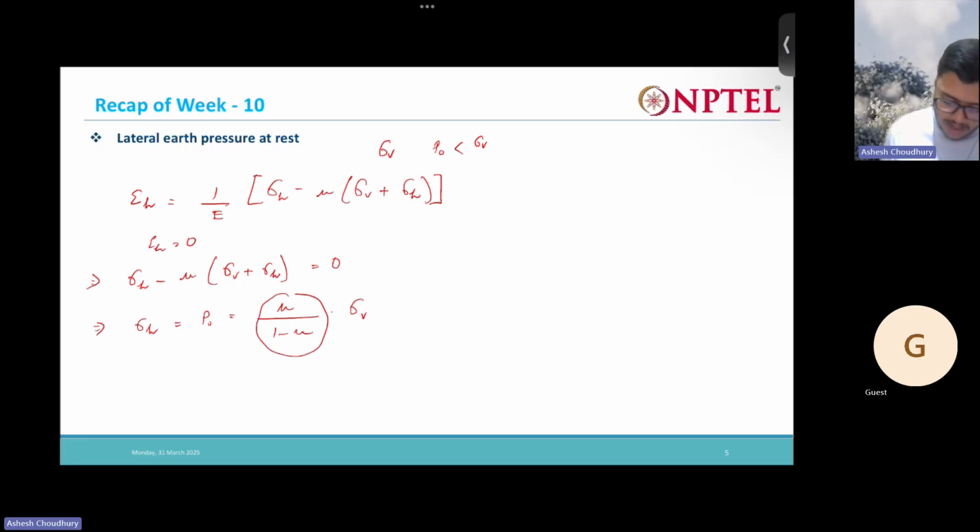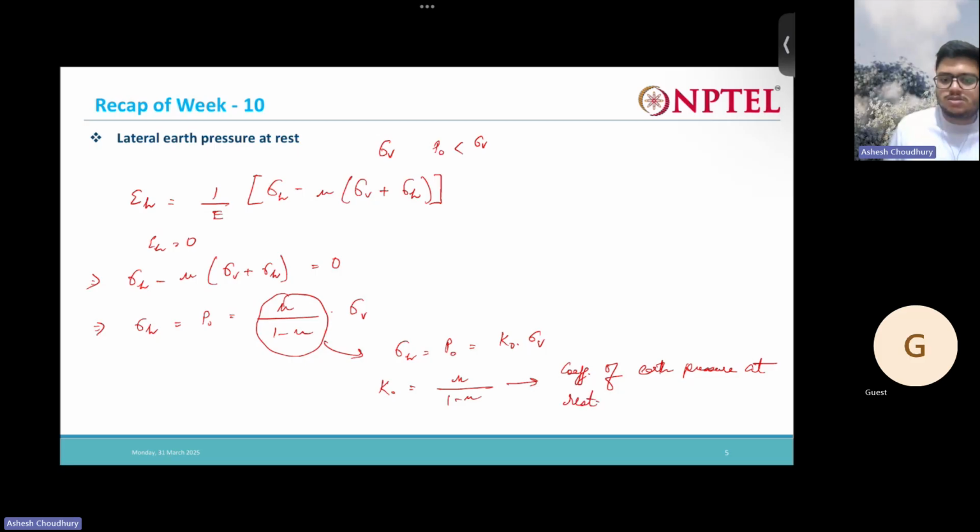Now, what is this mu by 1 minus mu? I can write P naught as K naught times sigma V. Now this K naught is the coefficient of earth pressure at rest.